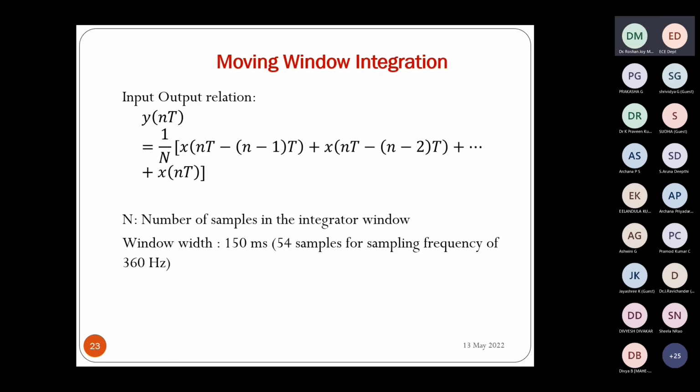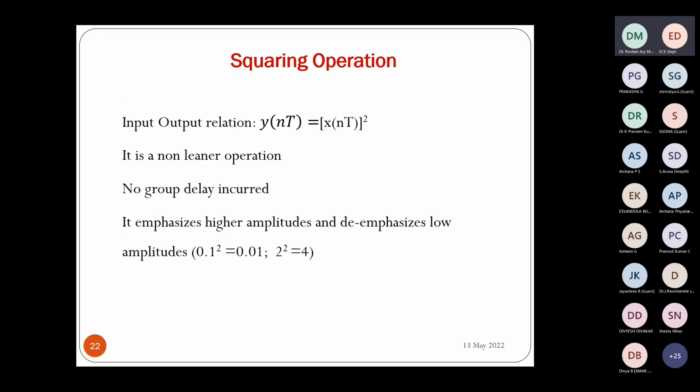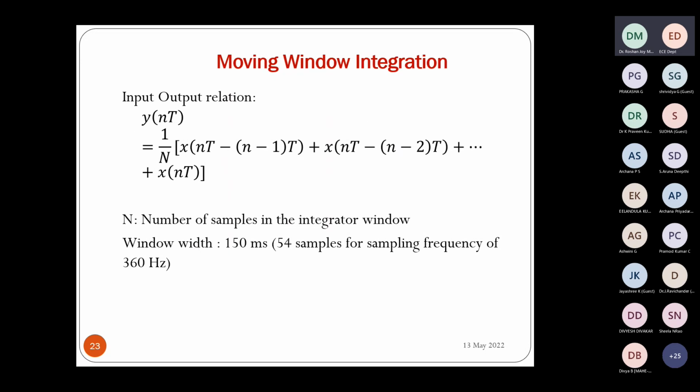Finally we are applying moving window integration. It is again a low pass filter. Most of the noise is removed in the previous stage where we implemented the squaring operation. But now we have to get a smooth curve as the output.